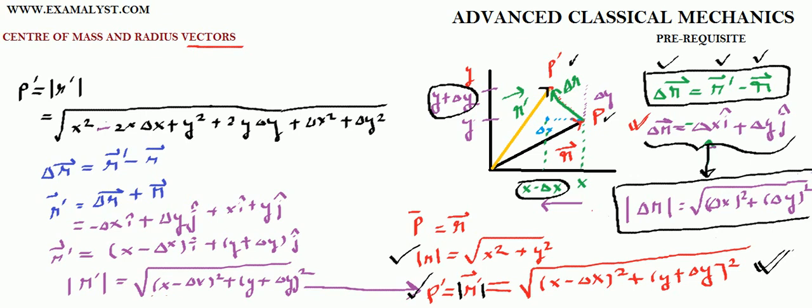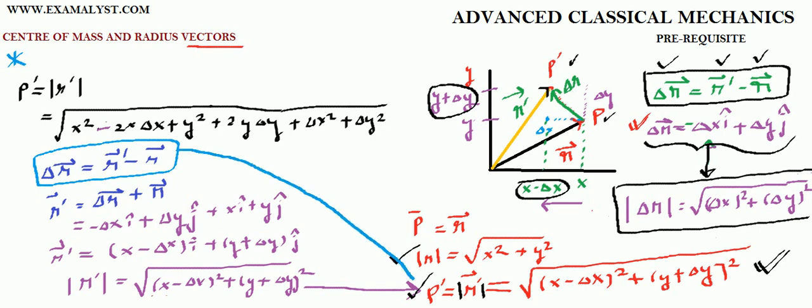Remember, this is the length of r dash. Now here what I wanted to explain to you is that this formula gives us the correct result of the length of r dash. That is what I wanted to prove.